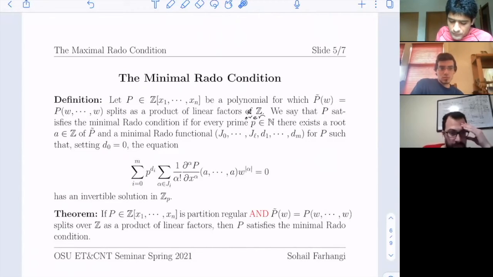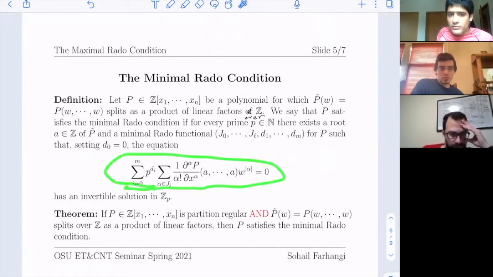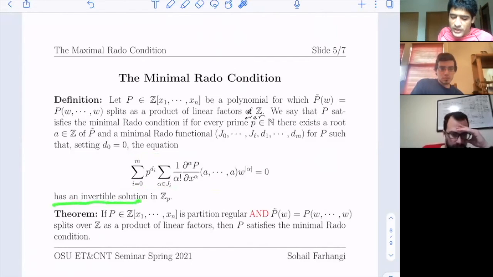And then this polynomial, which we'll look at in detail in a moment, should have an invertible solution in the p-adic integers Zp.